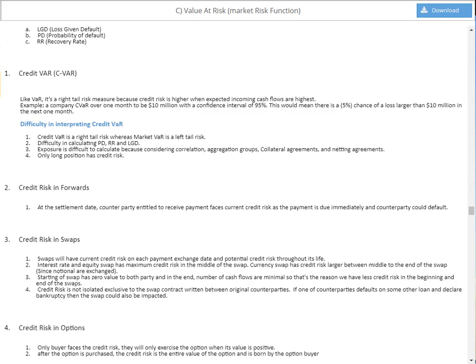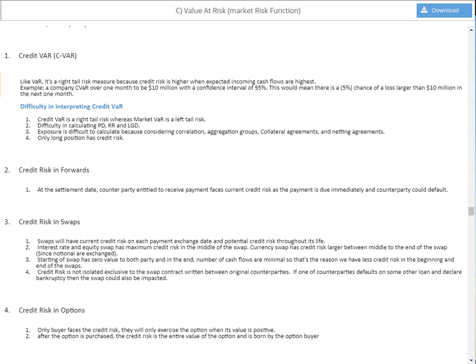Credit risk in swaps. Swaps will have current credit risk on each payment exchange date and potential credit risk throughout their life. Interest rate and equity swaps have maximum credit risk in the middle of the swap, because that constitutes the current credit risk plus all the future payments to be received in the swap, which are denoted by potential credit risk.